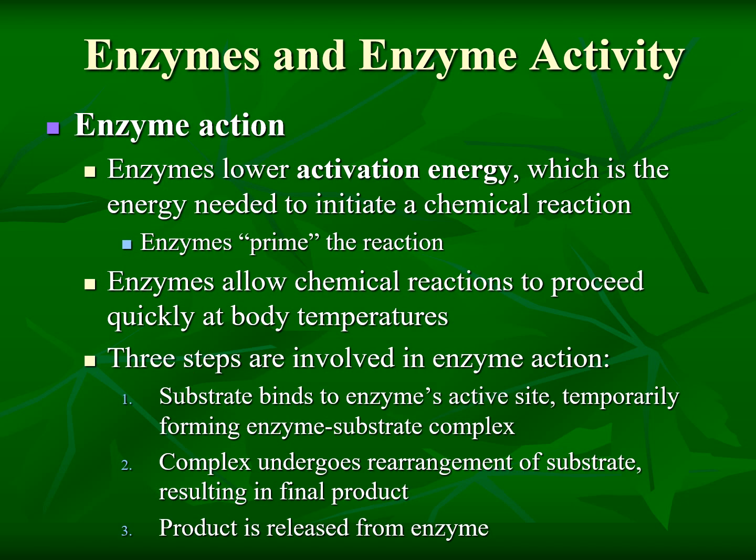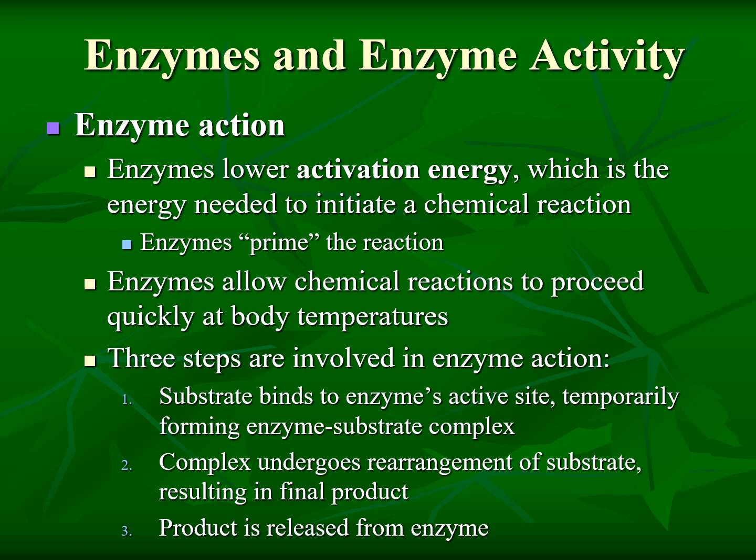So normally what's going to happen is you have the substrate bind to the enzyme. It's going to bind in a very specific area called the active site. It's kind of like the enzyme is a keyhole and the substrate is a key. The key has to fit into the keyhole. It binds to it, and it's going to form a complex.